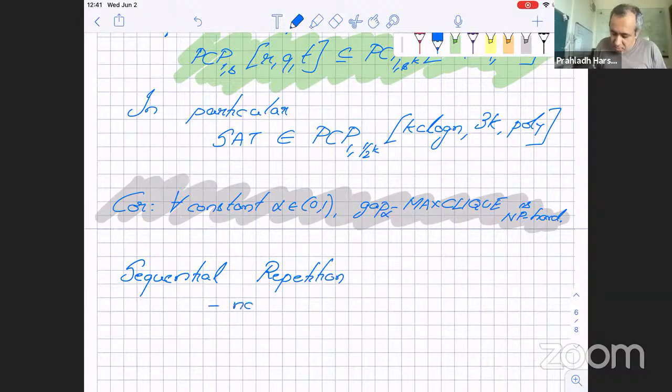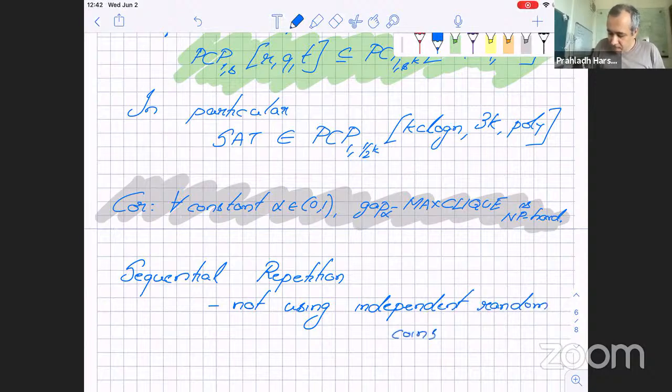So why did we get k times log n? We picked the k random points independently, using independent random points. This is k times c log n. That's why we got this.